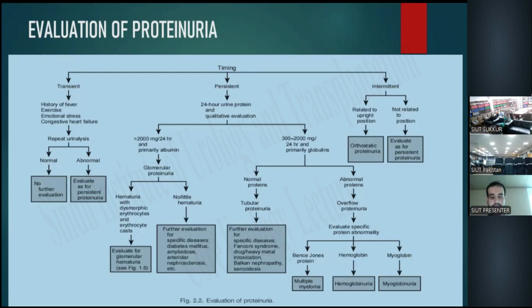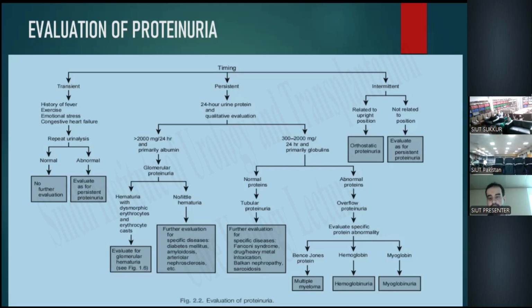If there are no dysmorphic erythrocytes or casts, or no hematuria, then further evaluation should be carried out for specific diseases like diabetes, amyloidosis, and nephrosclerosis.